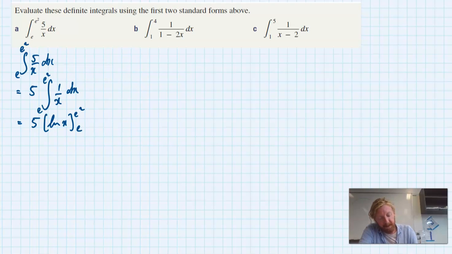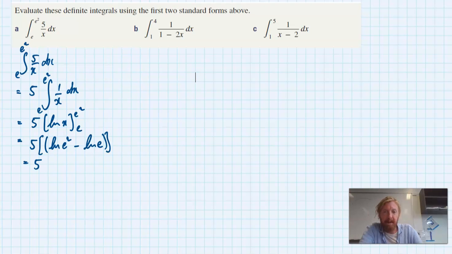And now subbing in e's and lns, this is fun. 5, and I'll put big brackets on, okay? ln e squared minus ln e.